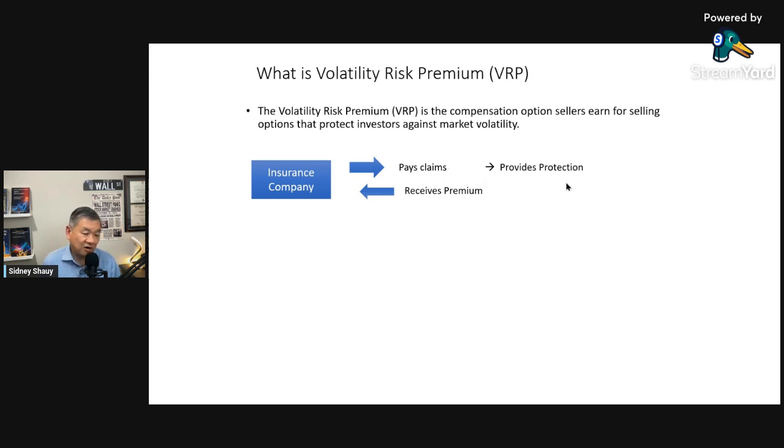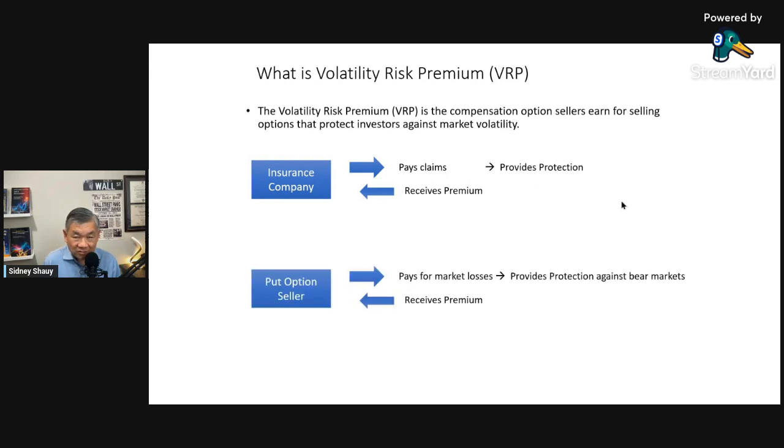If it's car insurance, say your car was totaled and you need a new car, that's an event, and the insurance company will pay compensation for your loss. But for that to happen, you have to pay a premium to the insurance company.